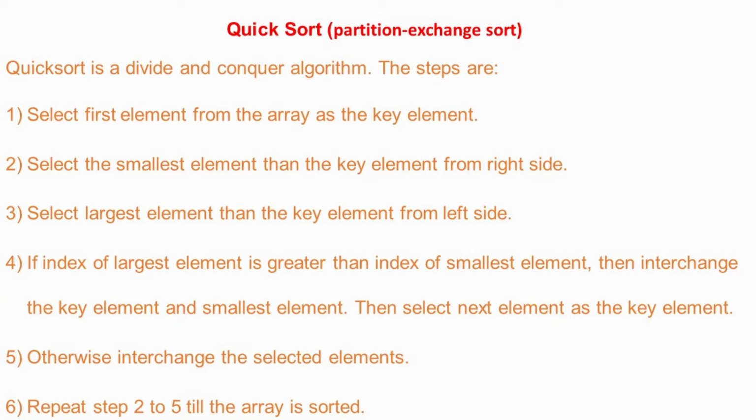If i is greater than j, then interchange the key element and the smallest element. The first element is the key element. Interchange the first element and the smallest element, that is, the element we selected from the right side.